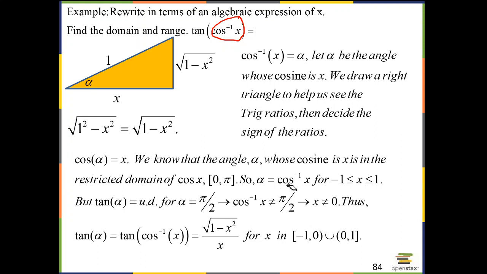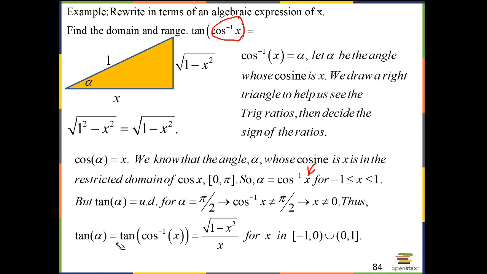So alpha equals cosine inverse of x for x between -1 and 1, of course. We know the domain of x has to be between -1 and 1. But we know that the tangent is undefined for alpha equal to pi over 2. So alpha cannot be pi over 2. That means what? X cannot be 0.